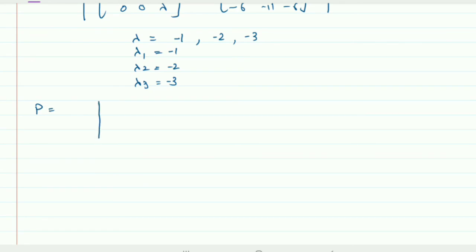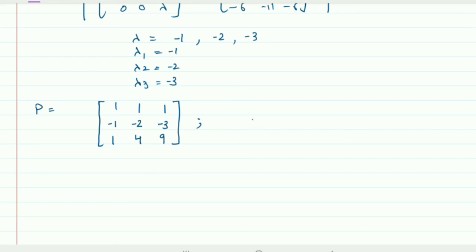Then in the next step, we have to decide the P matrix. The P matrix will be 1, lambda 1 which is -1, lambda 1 square which is 1; 1, lambda 2 which is -2, lambda 2 square which is 4; 1, lambda 3 which is -3, lambda 3 square which is 9. So this is your P matrix.